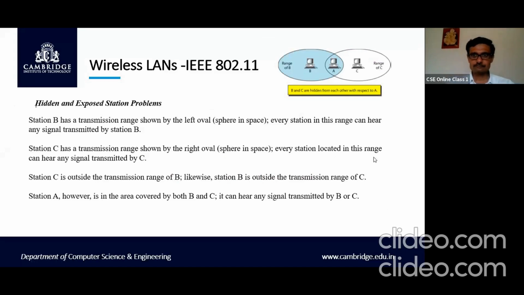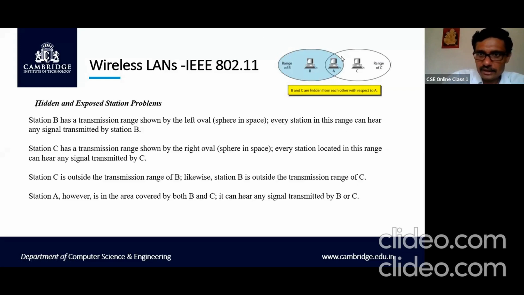Now you can see this is station B. The first problem we're discussing is the hidden and exposed station problems. First we'll discuss the hidden station. What is a hidden station? Let us see now.